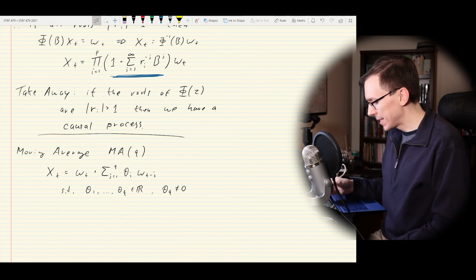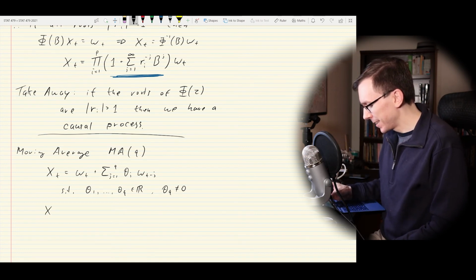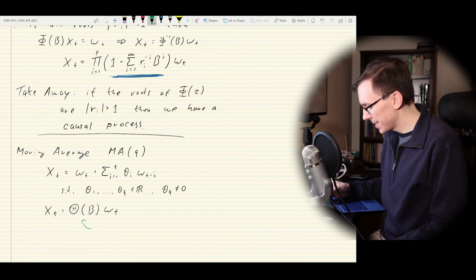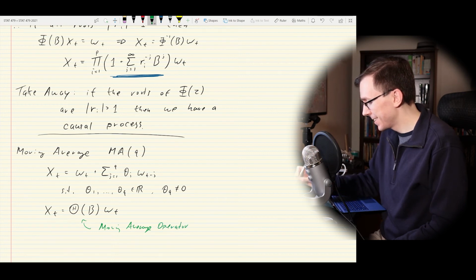Now we can write this once again using the notation capital theta for our moving average operator.